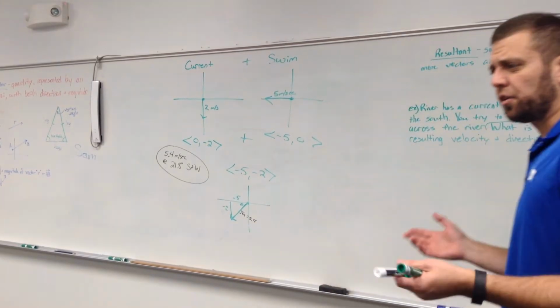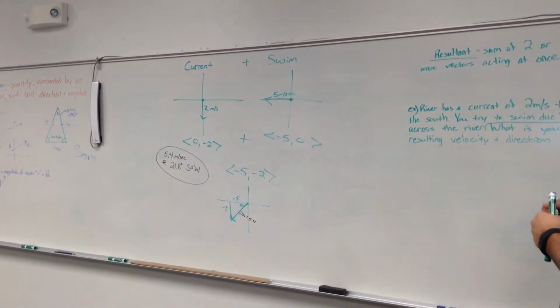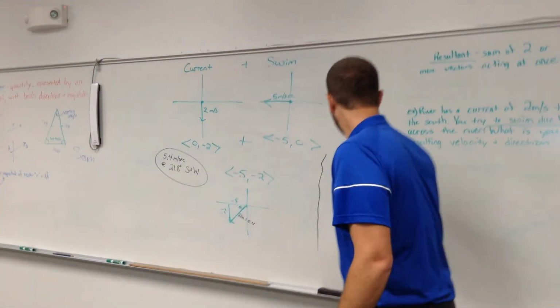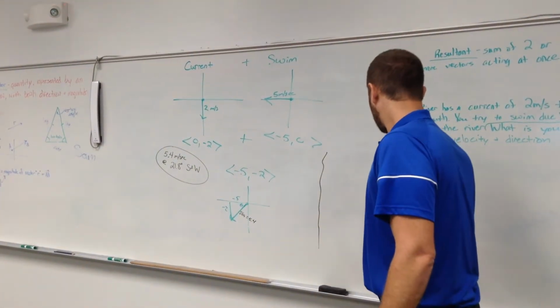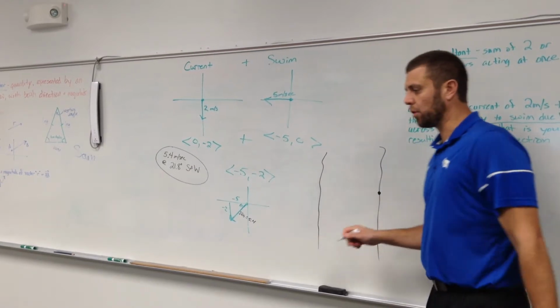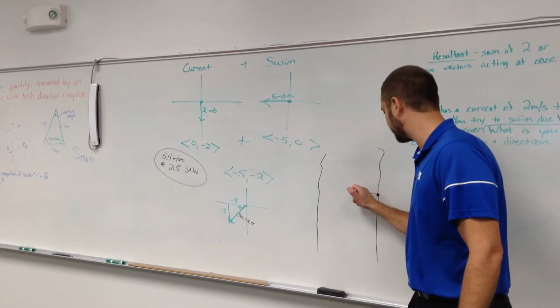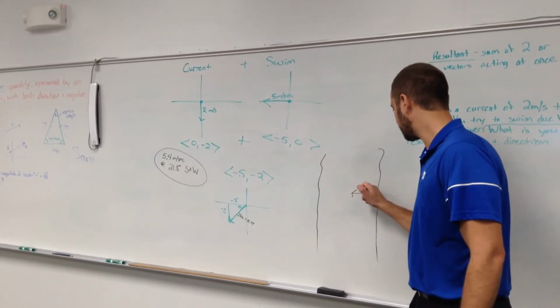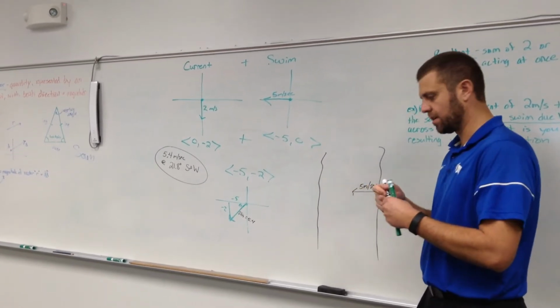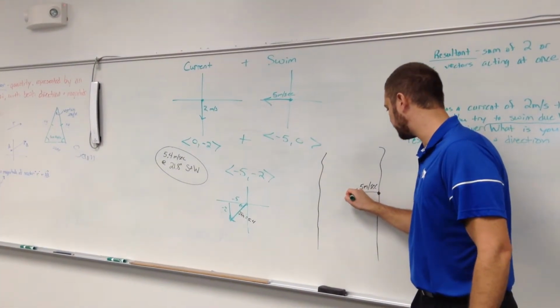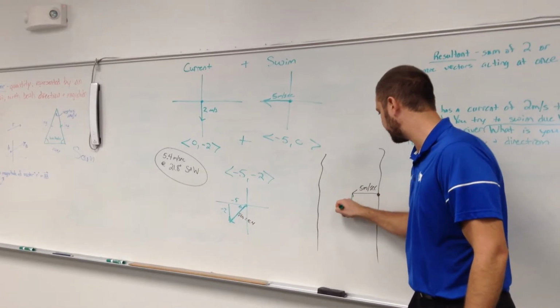Another way to do it would just be simply to make the picture itself. So here's my river. I'm going to try to swim across the river at 5 meters per second. While I'm doing that, the current is going to push me south at 2 meters per second.